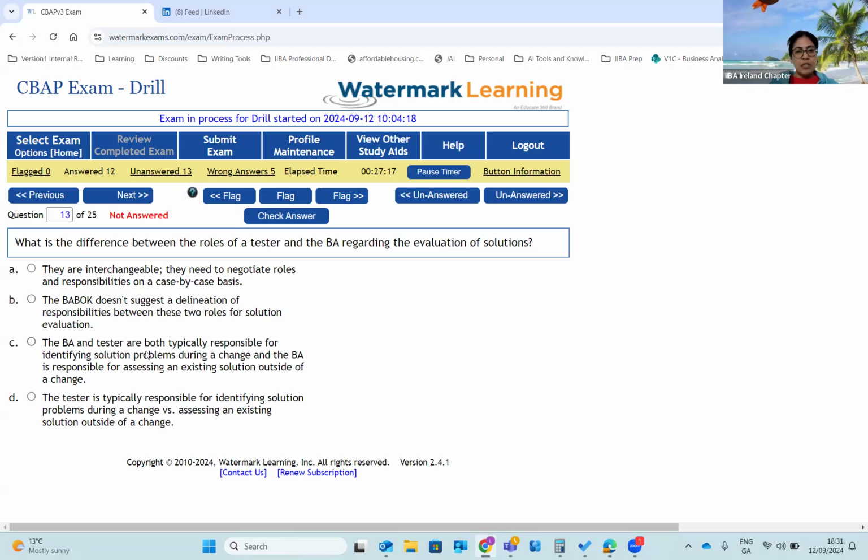The BA and tester are both typically responsible for identifying solution problems during a change, and a BA is responsible for assessing an existing solution outside of the change. The tester is typically responsible for identifying solution problems during a change versus assessing an existing solution outside of a change.